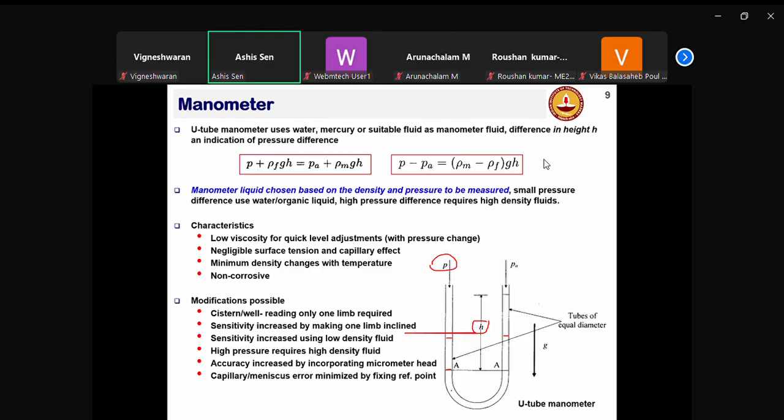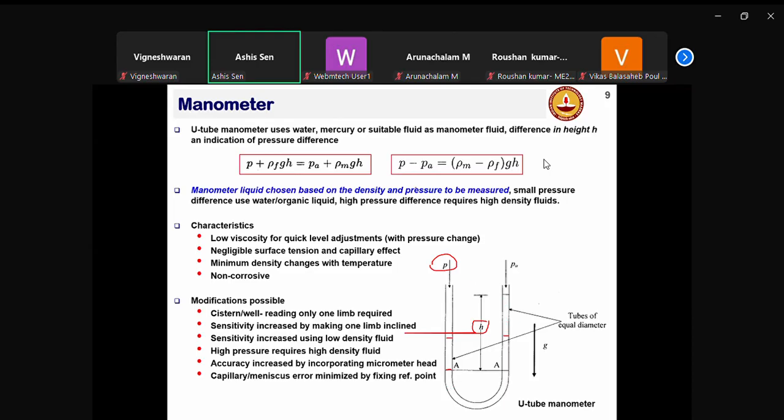Okay, if you are using water as the manometric liquid, if you're trying to measure pressure of a container or a tube where water is flowing, then you won't see any meniscus, right? So the manometric liquid and the source fluid have to be different.